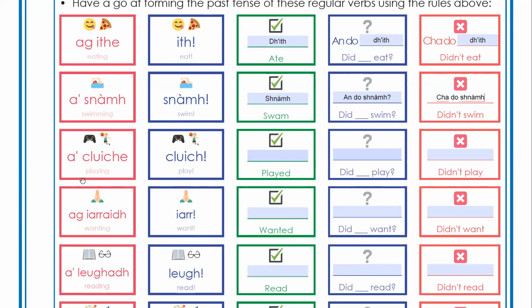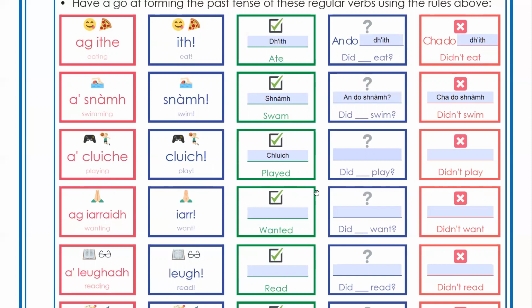Playing. I was playing outside. Play a song. Play an order. So again, we take the root. We can lenite a C, obviously. That's a nice easy one to lenite.